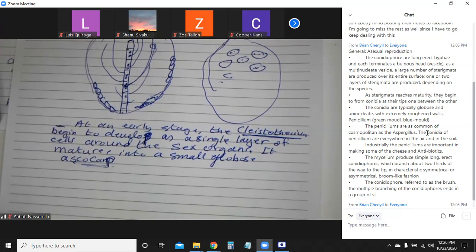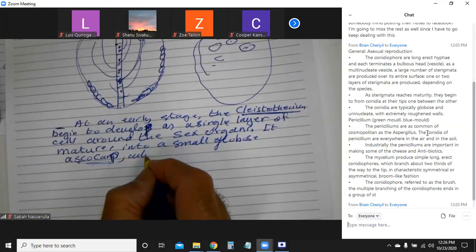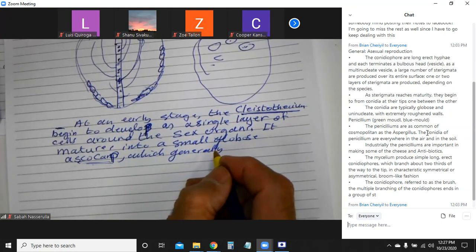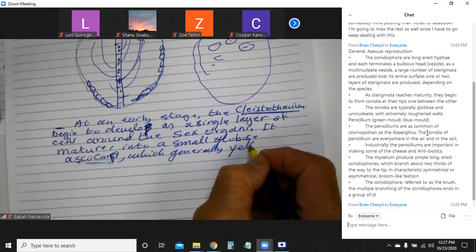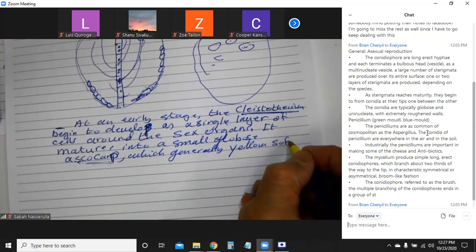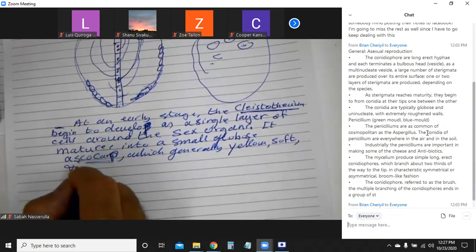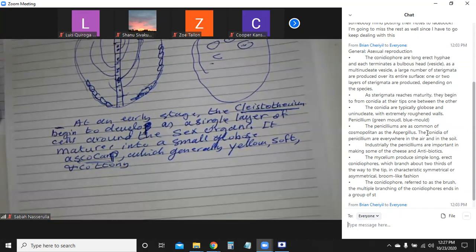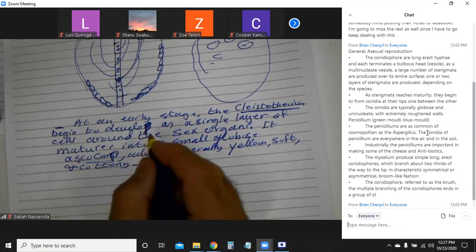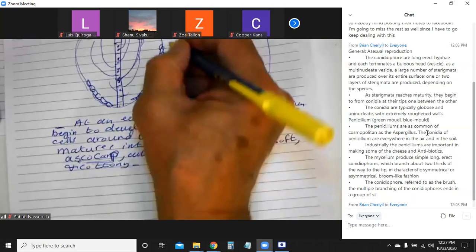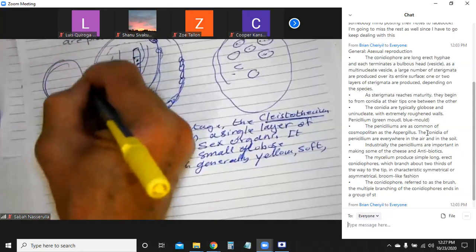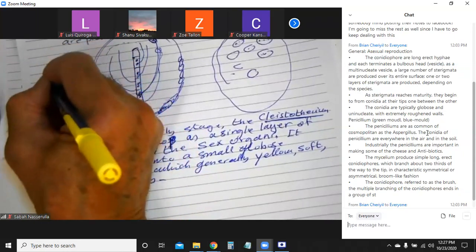The ascocarp, generally in the beginning, is yellow, soft, and cottony. And inside, of course, are the asci themselves. So the body here represents, as I mentioned, the cleistothecia, which could be one cell or two cells.